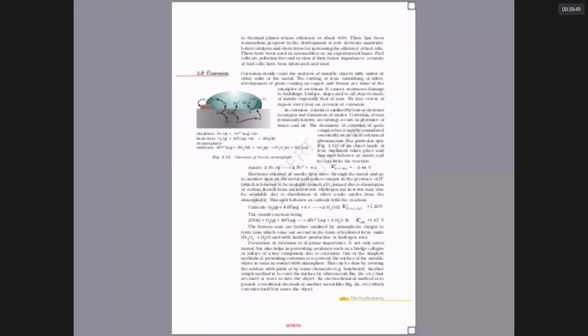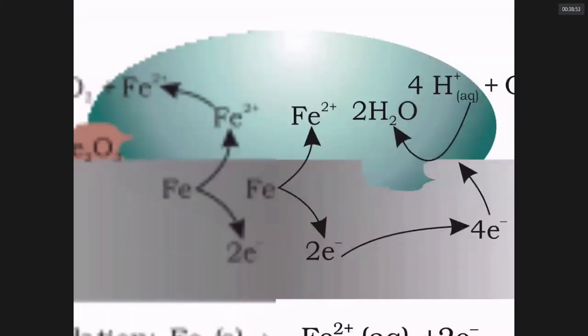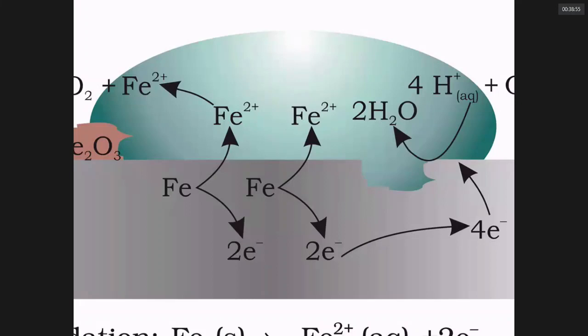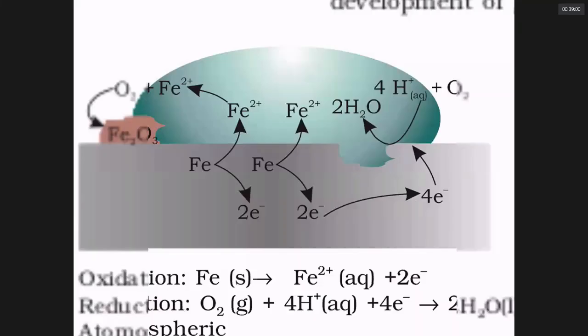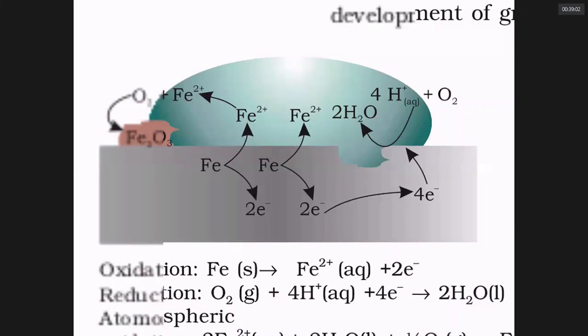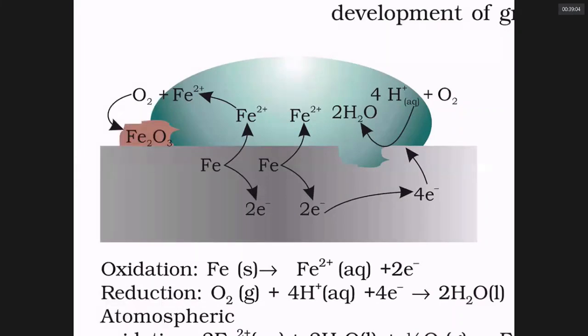Look at the diagram. This is the exterior and a broken part. The broken part is in contact with a water droplet connecting the surface and broken part. The broken part iron is becoming Fe2+, losing 2 electrons.